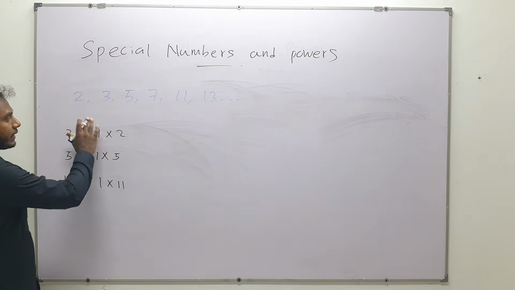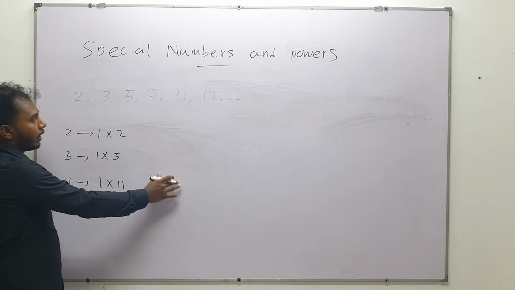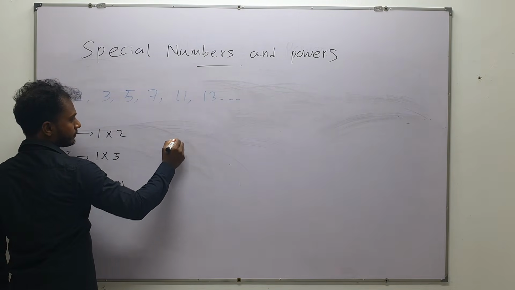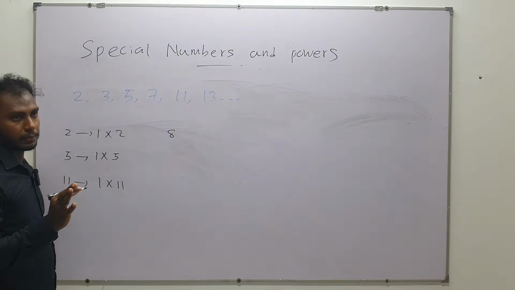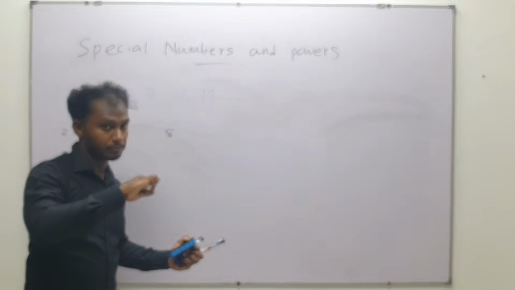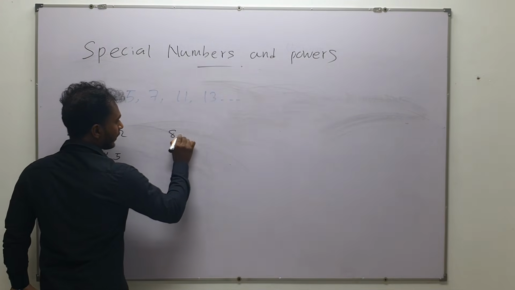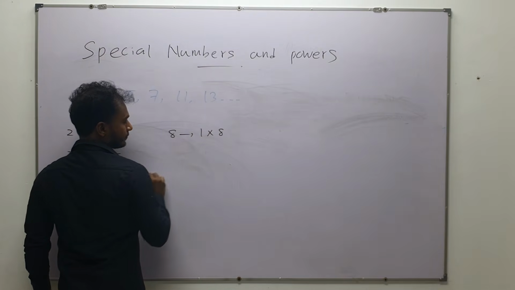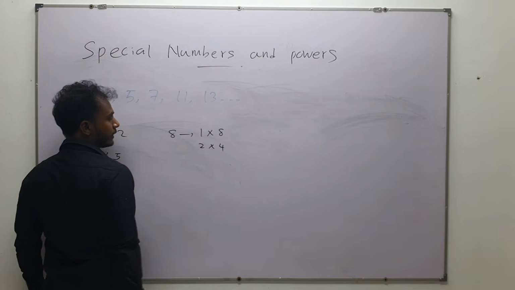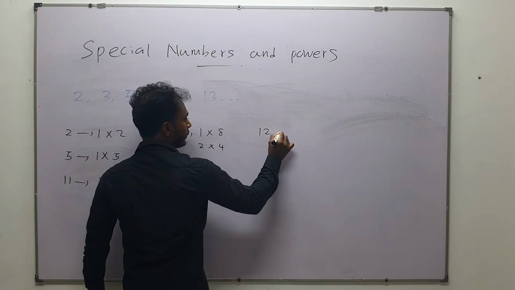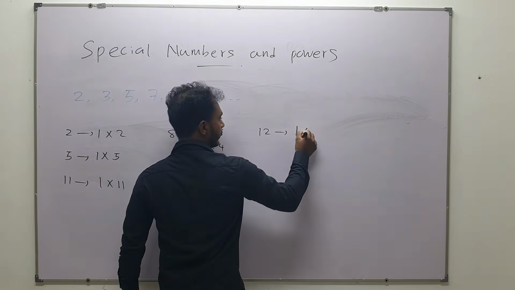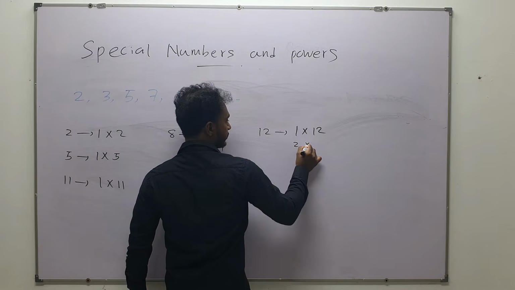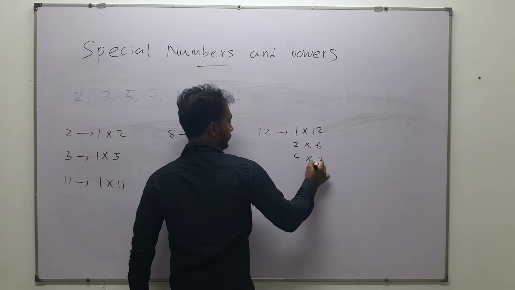Okay, so I will take another number which is not prime, like number 8. Number 8 is not a prime number, but you know that it is an integer, right? So 8 can be made using what? 1 times 8, 2 times 4. Similarly, if I take number 12, how to make it? 1 times 12, then 2 times 6, 4 times 3, or 3 times 4.